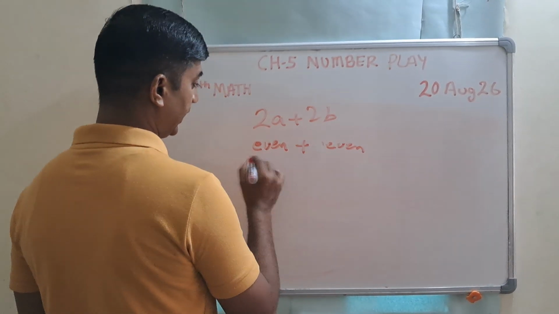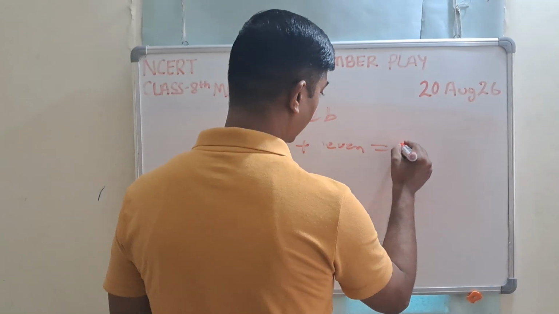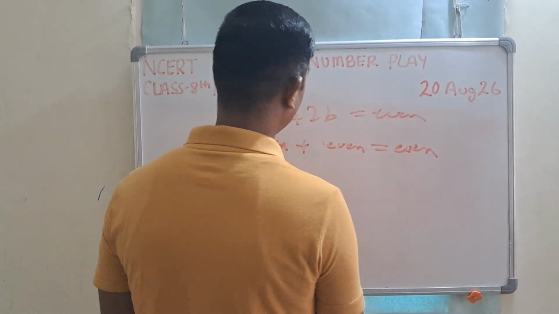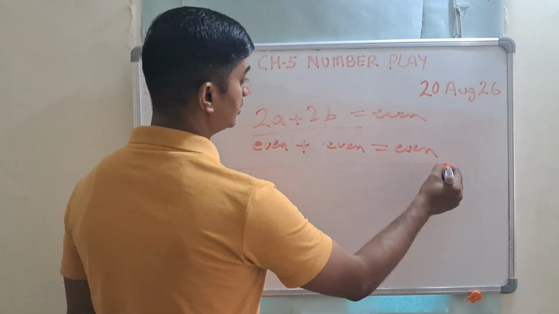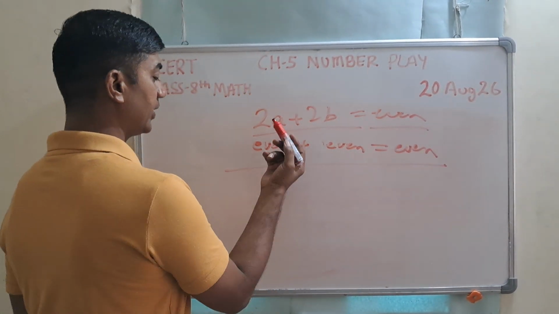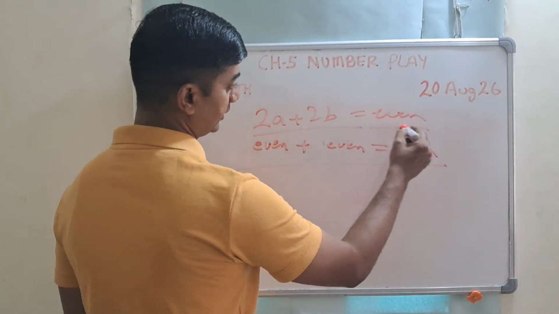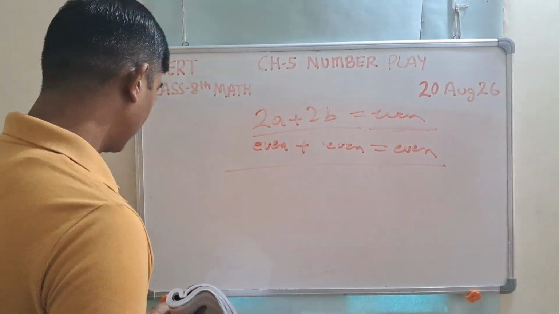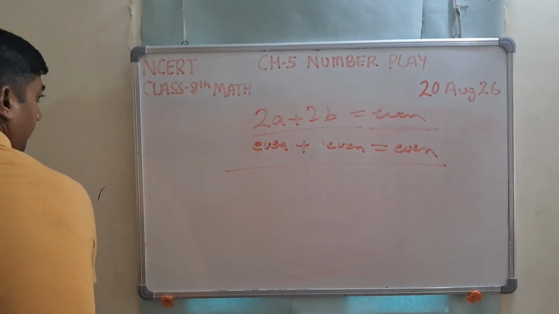Understood? And even plus even is always even. So this expression is always even. You put any value of a and b, you will always get an even number, which is perfectly divisible by 2. What is next?